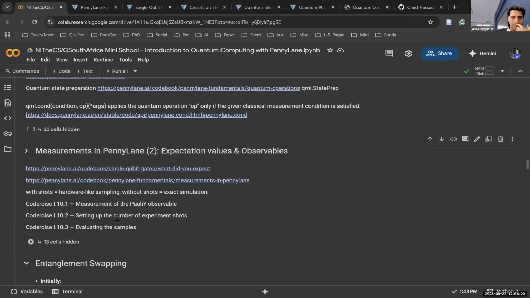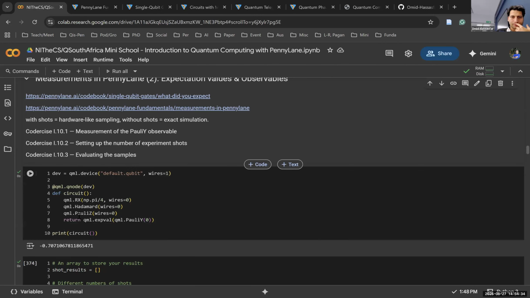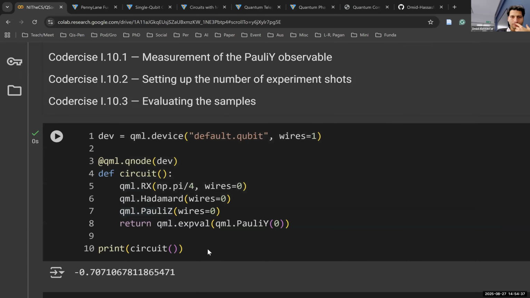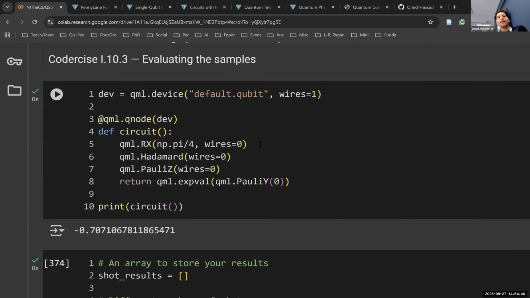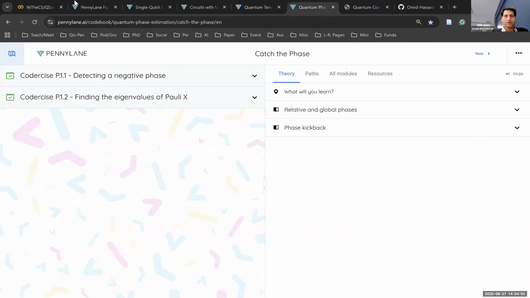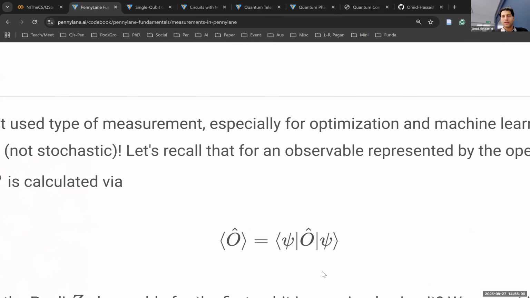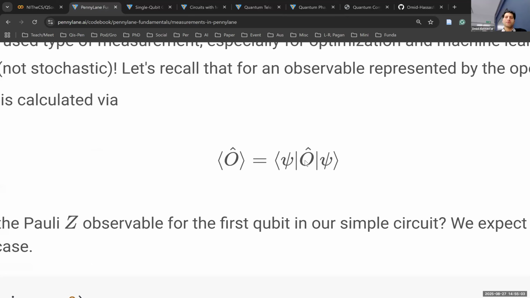So this is how we show this. I just put a few examples here. For example, this is a circuit. I apply Rx with this parameter, and the Hadamard and the Pauli Z. And now I am interested in this state. If you check the expectation value, you can specify this is the expectation value I want to calculate, but based on which state?